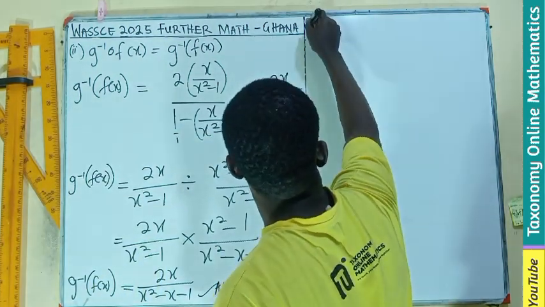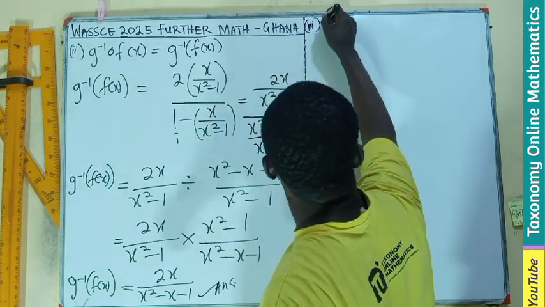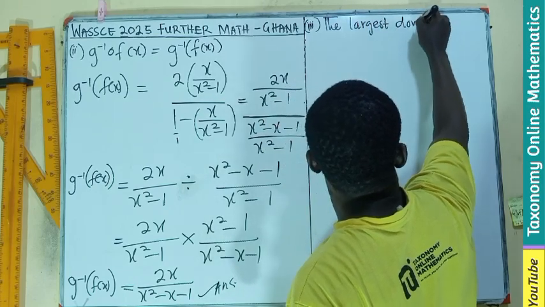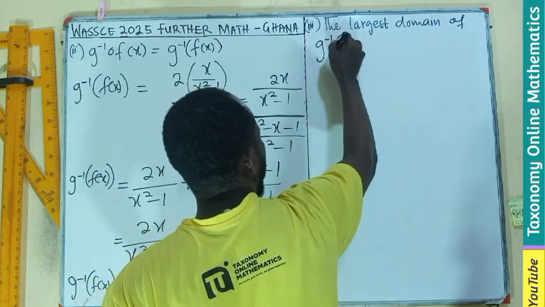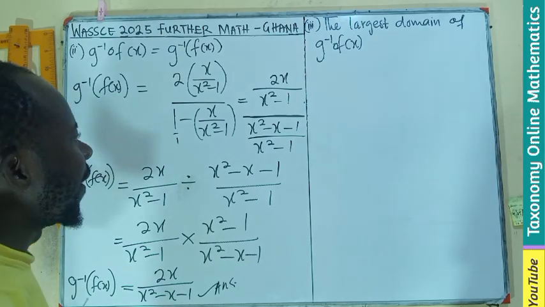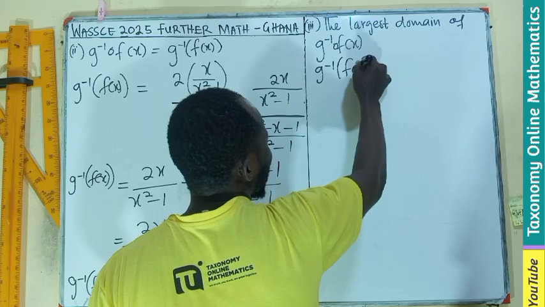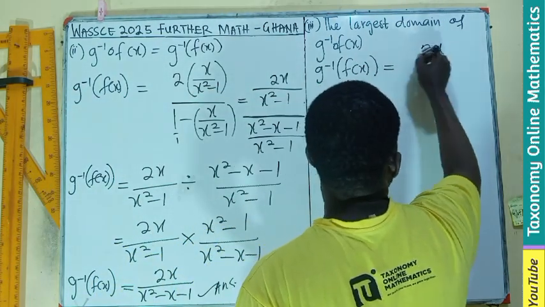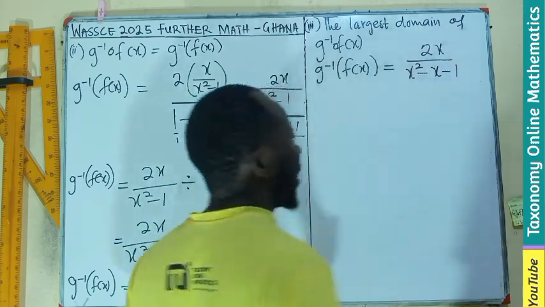This is going to be Roman number 3, so we can say that the largest domain of g prime of x is going to be 2x divided by x squared minus x minus 1. I always want to conserve space, but I have no option.